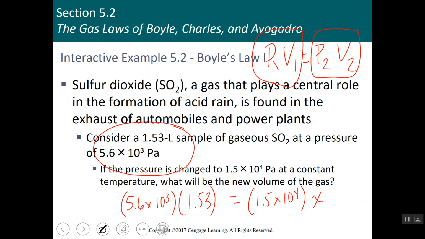And so if we manipulate, we're going to take 5.6 times 10 to the third times 1.53, and we're going to divide that by 1.4 times 10 to the fourth, and we get a new volume of 0.57 liters. And we're going to use two significant figures there because there were two in each of the given values.